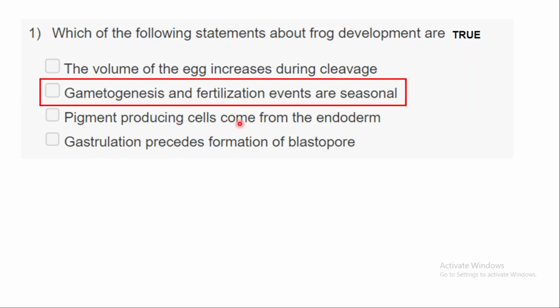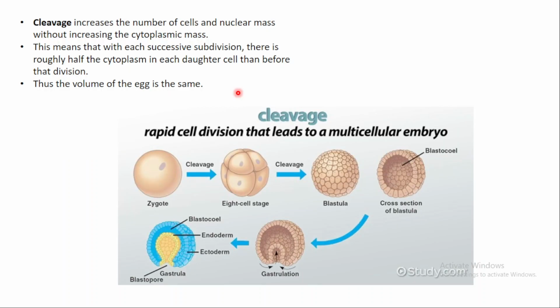So the correct answer left is that gametogenesis and fertilization events are seasonal, because frog gametogenesis and fertilization happen during the rainy season, and this is seasonal. It doesn't happen all the time in the year. So the correct answer is option 2, as students have correctly answered.